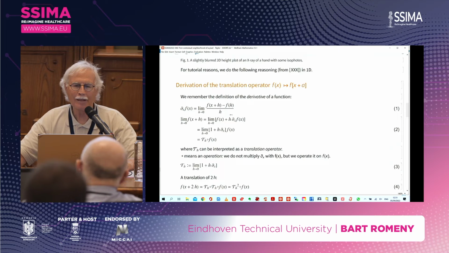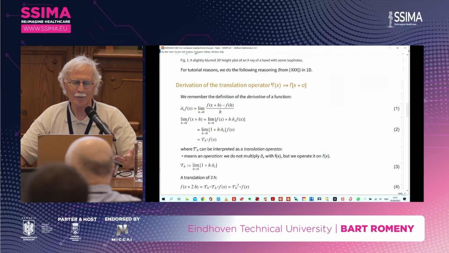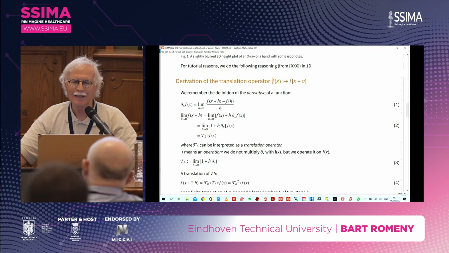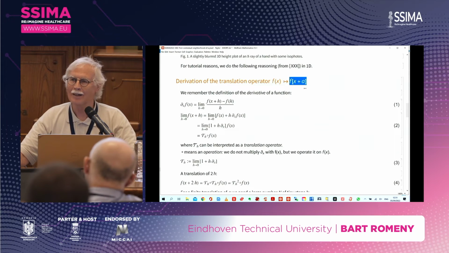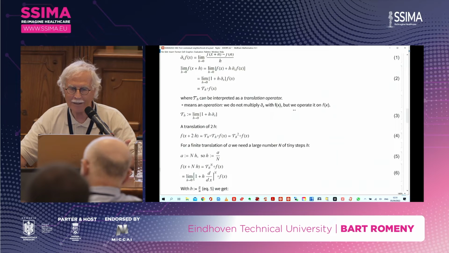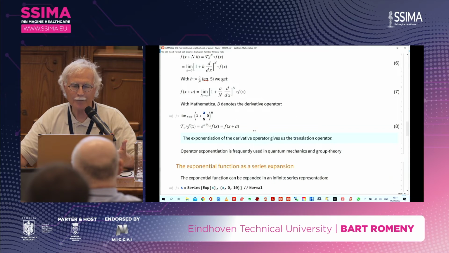And this is too complicated, I guess, for now, but I just want to tell what happens. If I go from f(x) to f(x+a), I need to have a mathematical operator that does that. And it turns out, and I explain it very nicely here, to be the exponential operator.